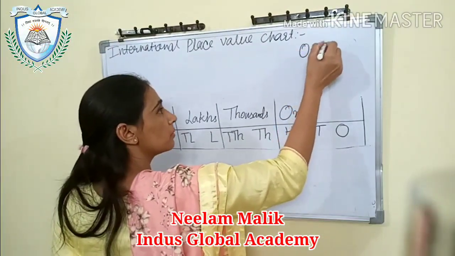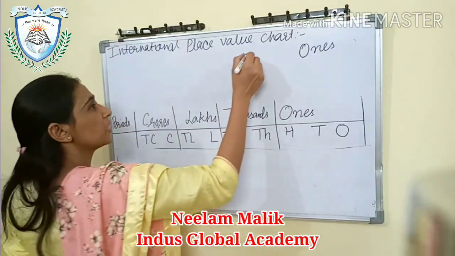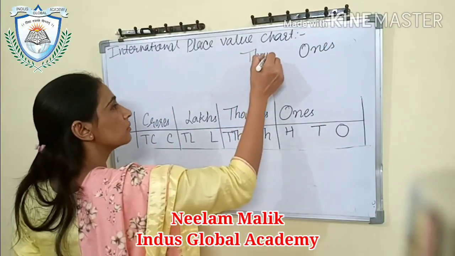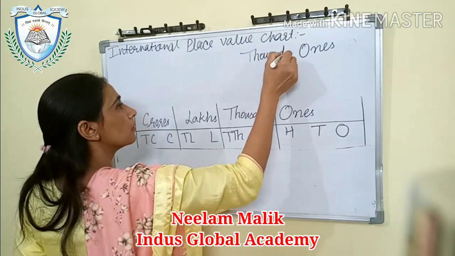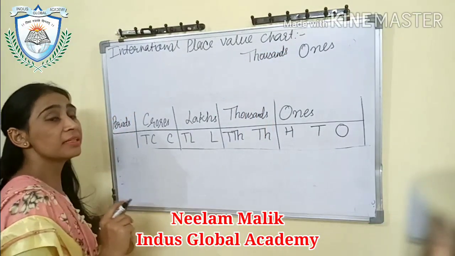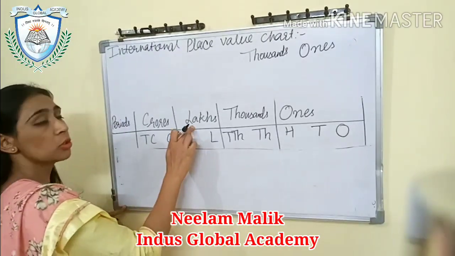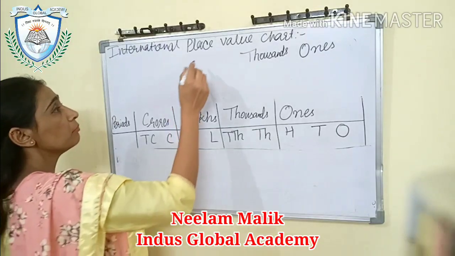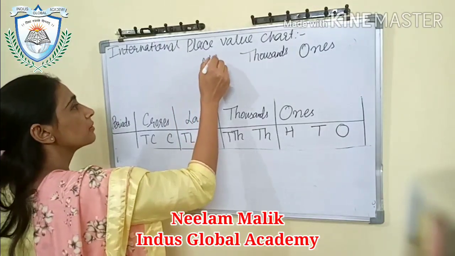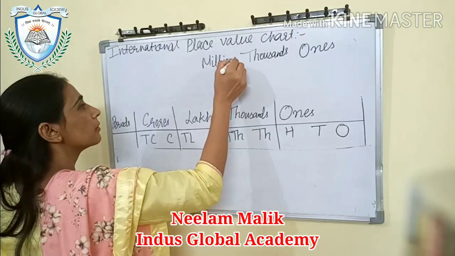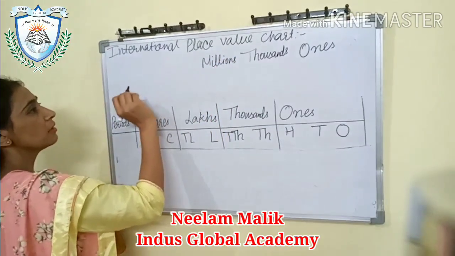In the international place value chart, first will be the ones period, next will be thousands, and the third one will not be lakhs, that will be millions, and next is the billions.